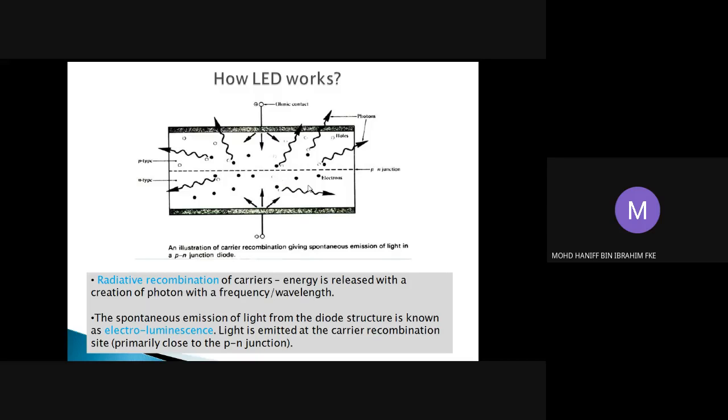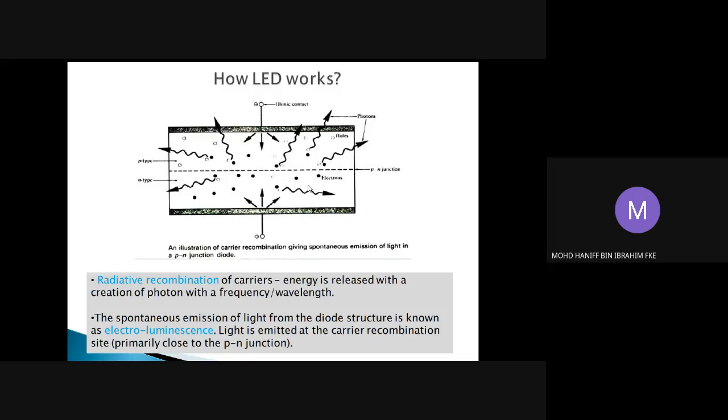So I can say that non-radiative recombination is a result of recombination of holes and electrons of these inactive atoms. The radiative case is a recombination of electrons and holes for the active atoms, for example gallium arsenide, materials that can produce light.